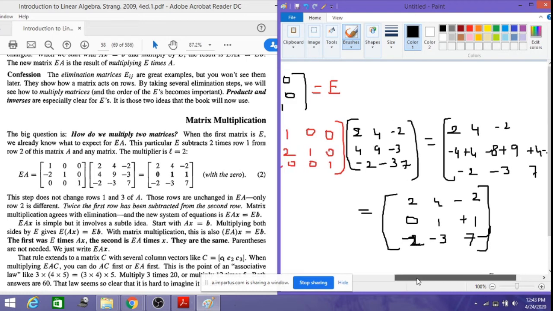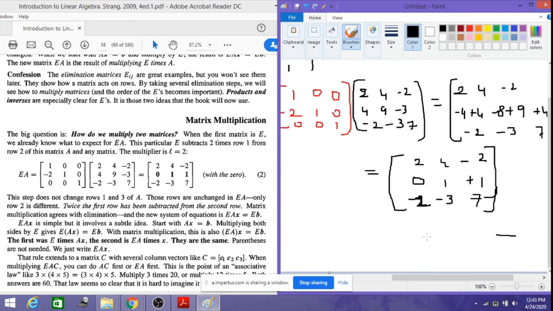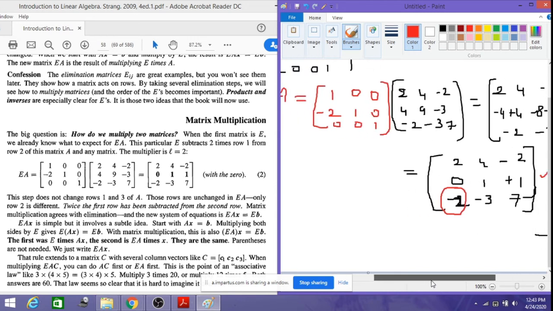If we continue and want to get back our triangular form, the next thing is I have to take out this minus 2 in the third row. To take out this minus 2 from the third row, I have to take this matrix and multiply with one more elimination matrix.